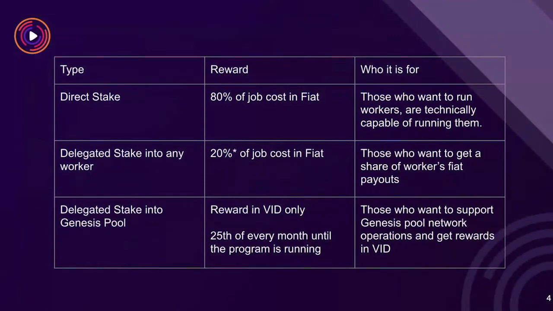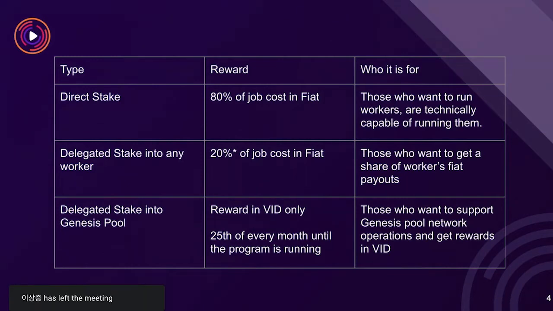But basically, a worker is selected based on the amount of VideoCoin staked and the performance, as well as the uptime metric. Obviously, if we assign work to a worker that is offline, it's not going to do anything.